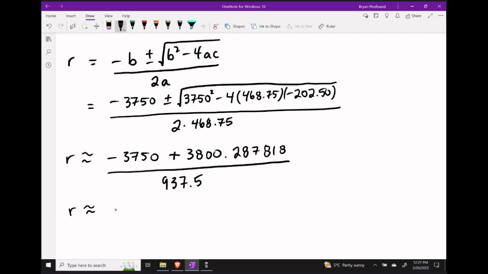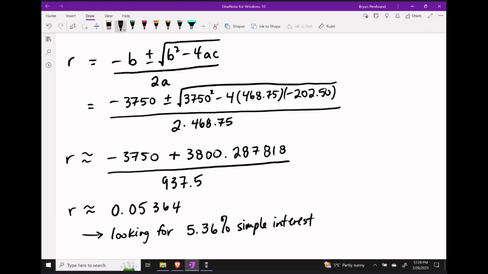And so we get a final value for r that is about 0.05364. And what does this mean? This means that we would be looking for a rate of about 5.36% simple interest on our 3-month term investments in order for the interest to be equal to our investment that goes through the single 6-month term.